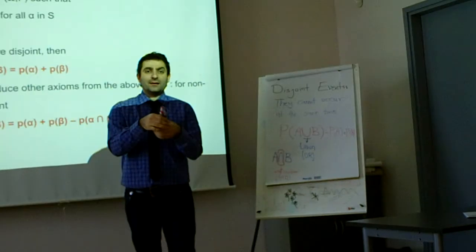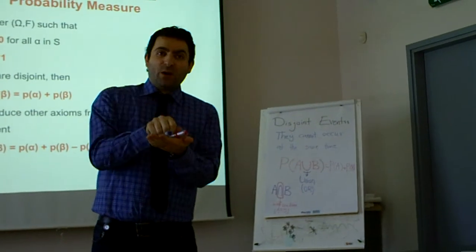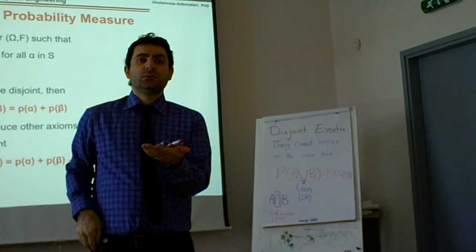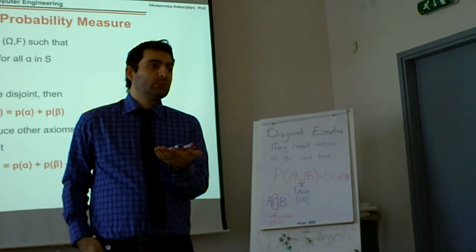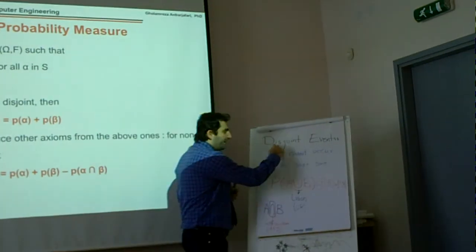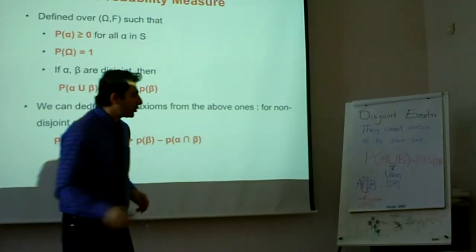Now, what is the probability of the marker which is red and blue? 0.